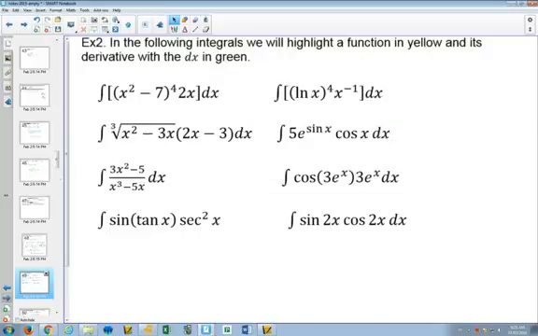So here we have a bunch of integrals. We're going to highlight things, and this is going to be the first step to help you recognize when you're going to use integration by substitution. If you have highlighters, I'm going to highlight in yellow and green.